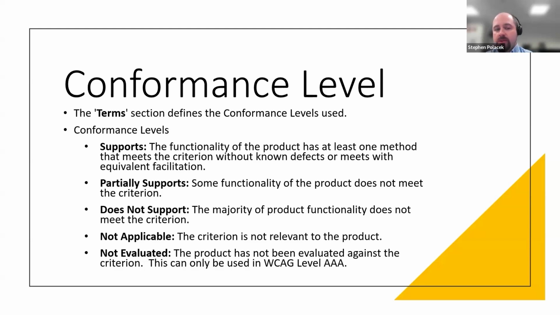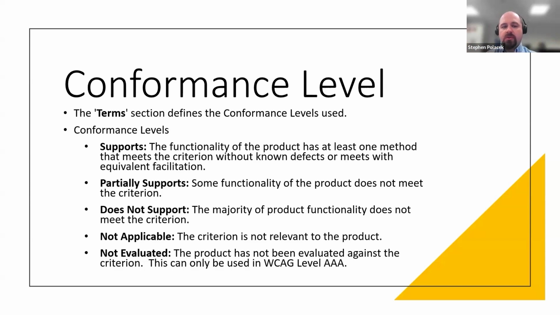First is supports. So the functionality of the product has at least one method that meets the criterion without known defects or meets with equivalent facilitation. So effectively, it means we meet the standard across the board. Almost 99% of our product is in compliance with this standard.